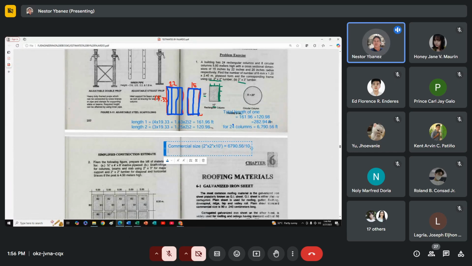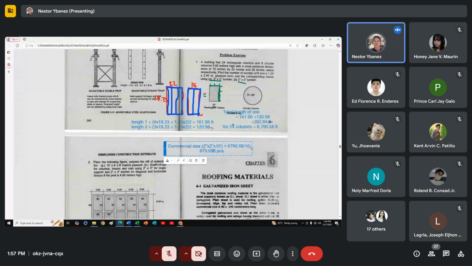So 6790.56 divided by 10 equals 679.056 pieces.